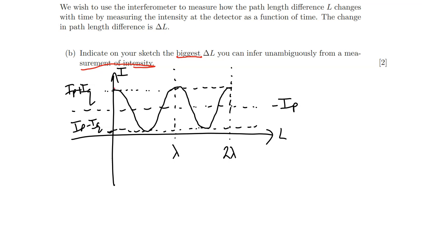So that would be going from somewhere like here to here. And so what's the delta L in this case? Well, we know that this is half of 1 full wavelength, so then it's lambda over 2.